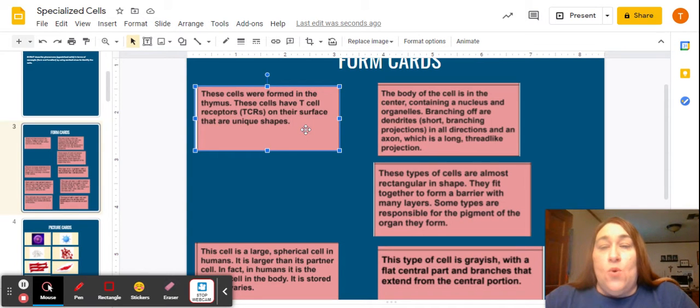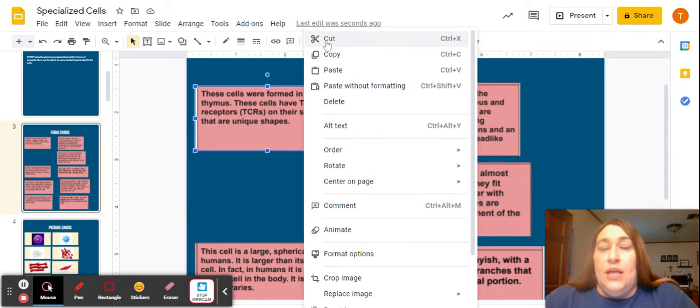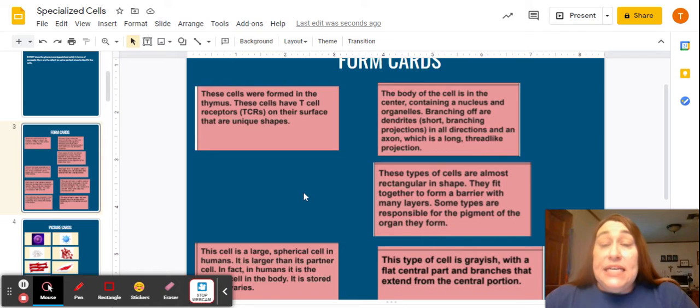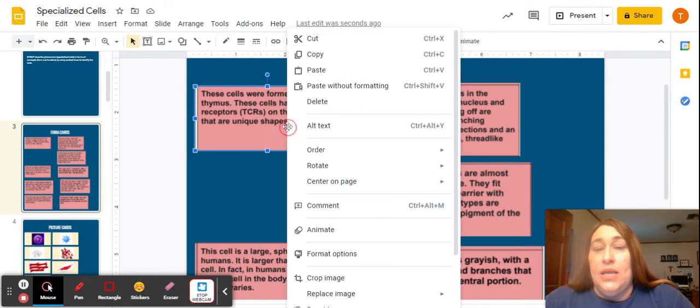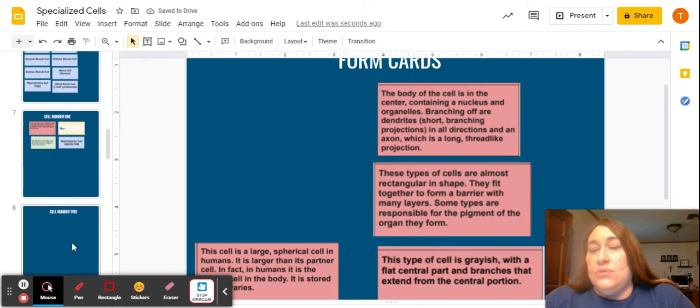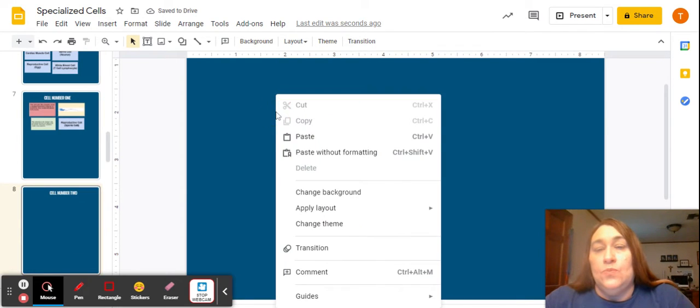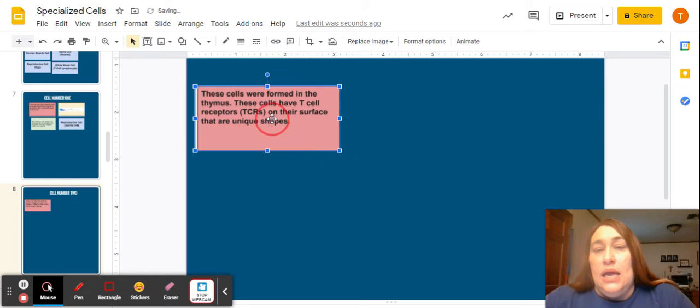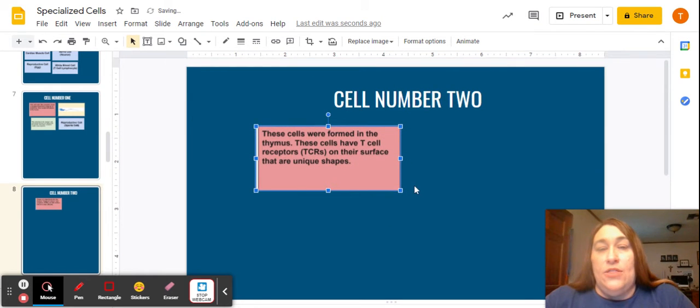These cells were formed in the thymus. These cells have T cell receptors, TCRs, on their surface that are unique shapes. I'm going to cut that one, and I'm going to go down to cell number 2. I'm going to paste that one right there.